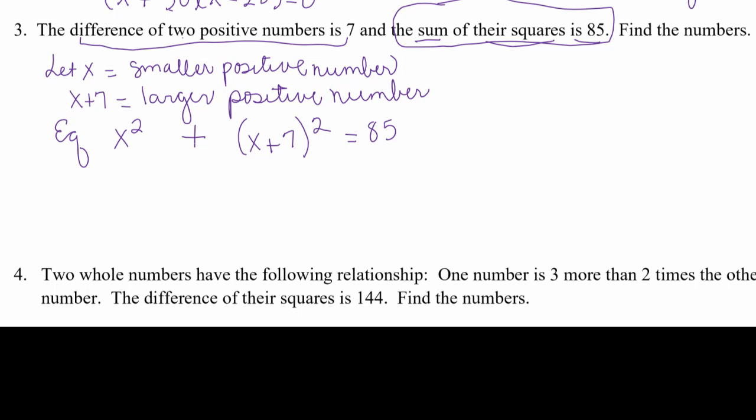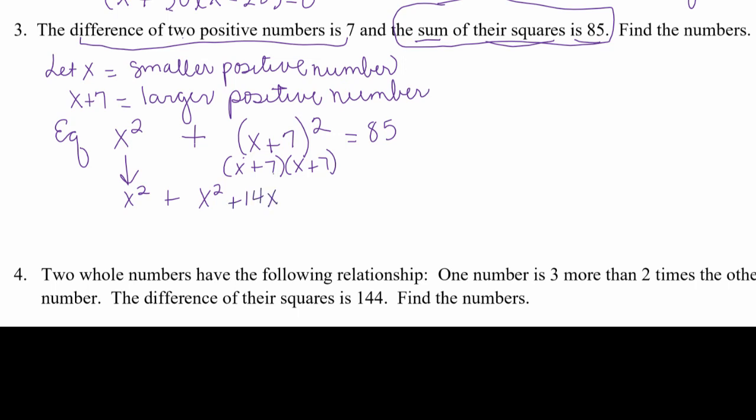If you are thinking of FOIL, first, outer, inner, last, then you're right. So I'm going to go ahead and write two of these. This guy is x squared, and over here we get x squared. The outers give us 7x and the inners give us 7x, so we get plus 14x.